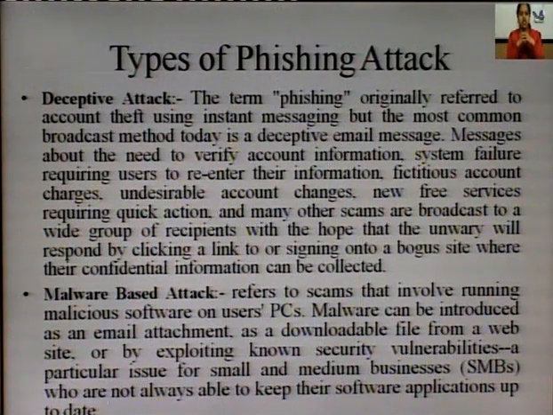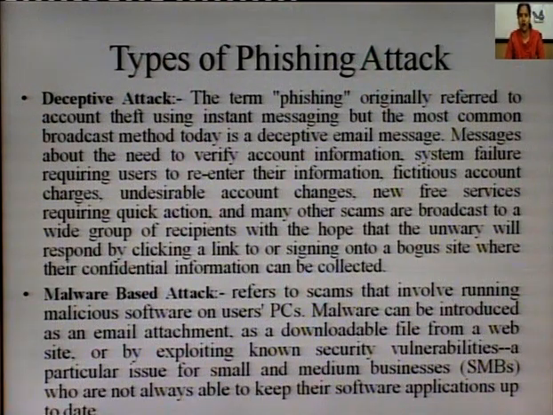Deceptive email messages are broadcast to various users, asking for your information, your data, your details. These messages are about the need to verify account information, system failure, requiring users to re-enter their information, fictitious account charges, undesirable account changes, and new free services, like they are giving you free services.